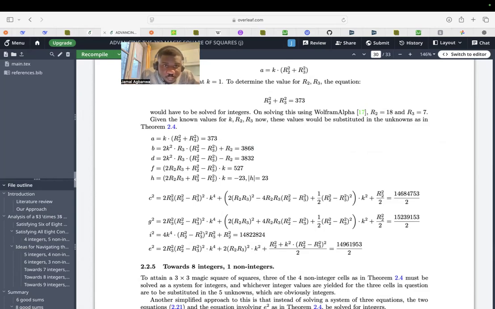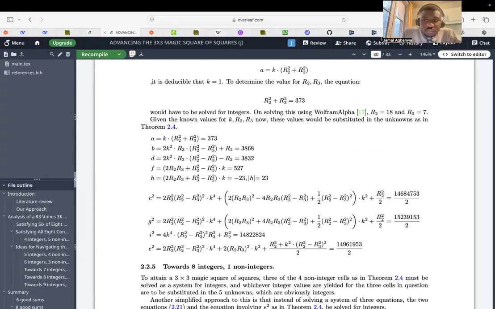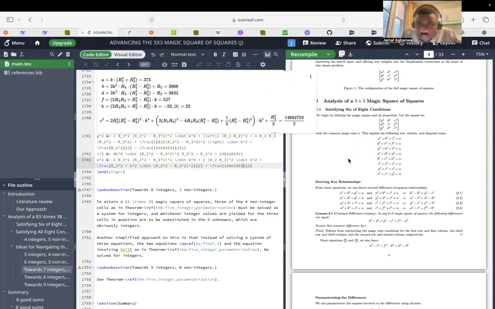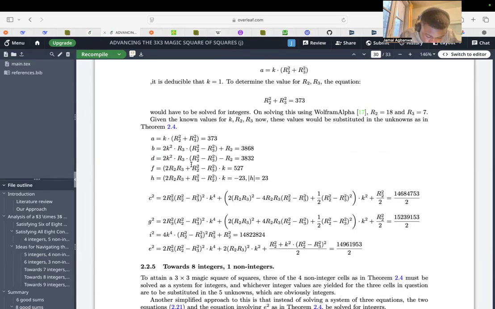So far, we've now got five correct. Now let's do C squared plus E squared plus G squared. Let's see. 4753, C squared plus 15239.